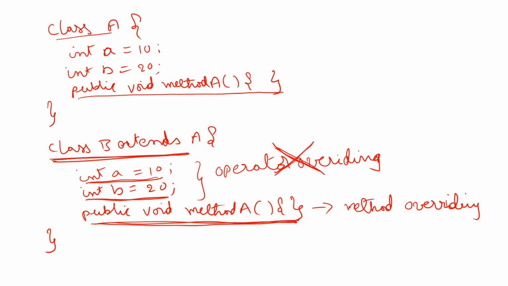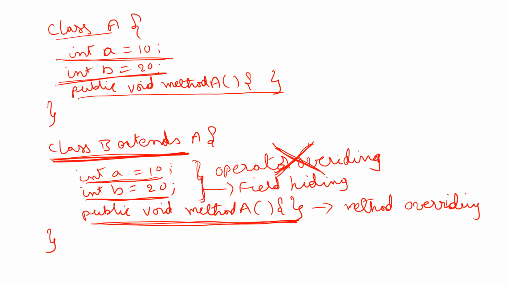There is no concept of variable overriding in Java. So here what happens is class B hides these variables in class A, and this is called field hiding. What it does is it hides the parent class's variables, and this is called field hiding.